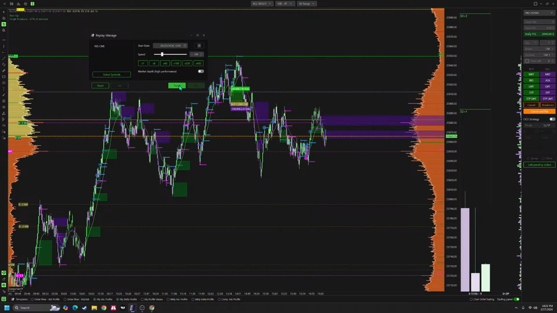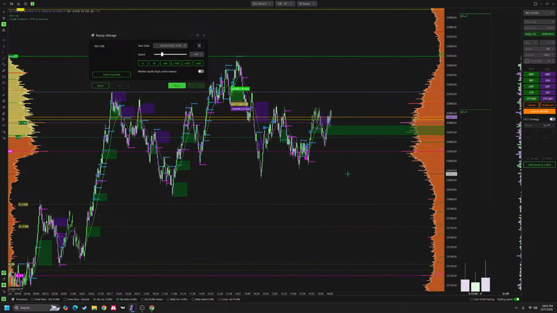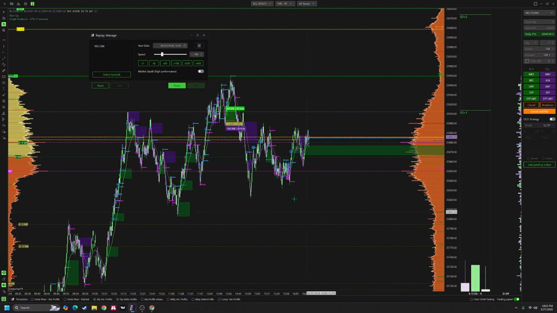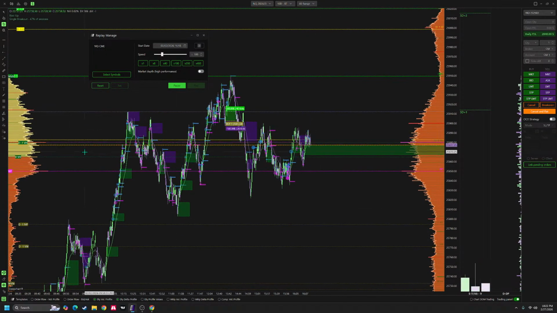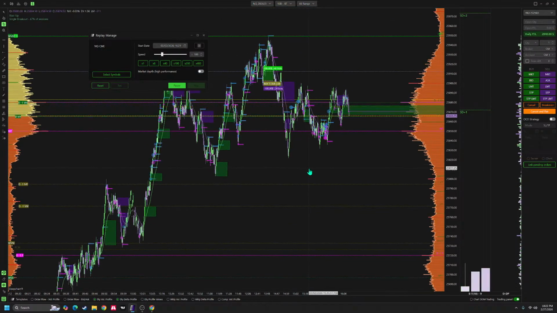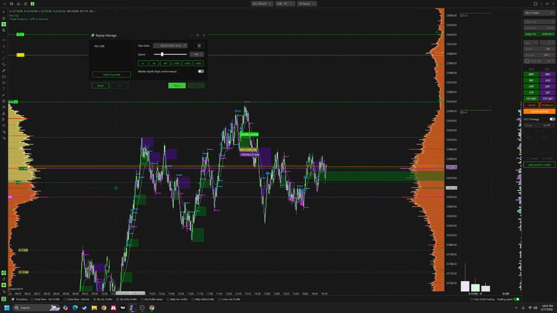So it did consolidate. Close up right here in the middle, the point of control and the VWAP. So we'll just stop it right there. 2,840 on the day. Couple mistakes.